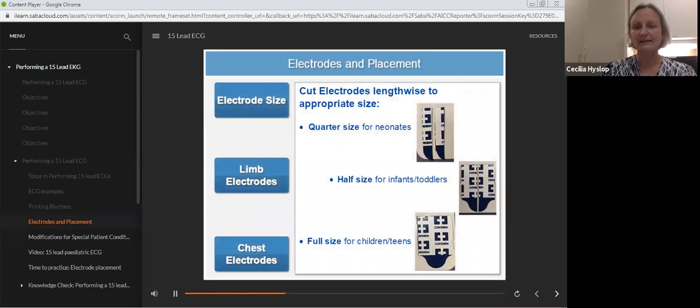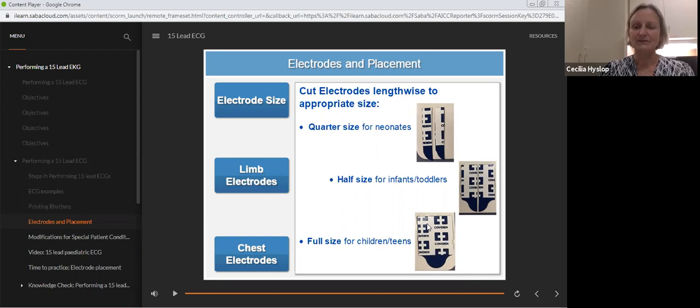In terms of the electrodes and where we're placing them, we can cut them lengthwise to the appropriate size. So if you think of a very tiny baby and this big electrode or sticker, then we're going to have trouble placing all of those across the patient's sternum.